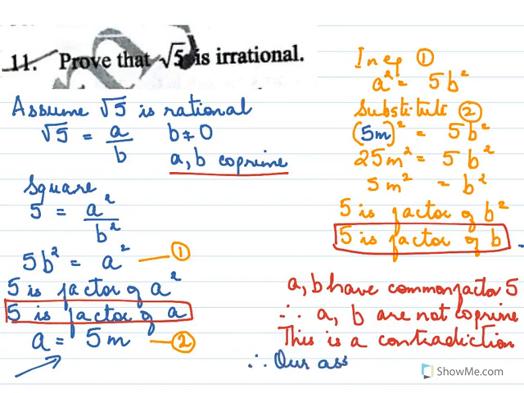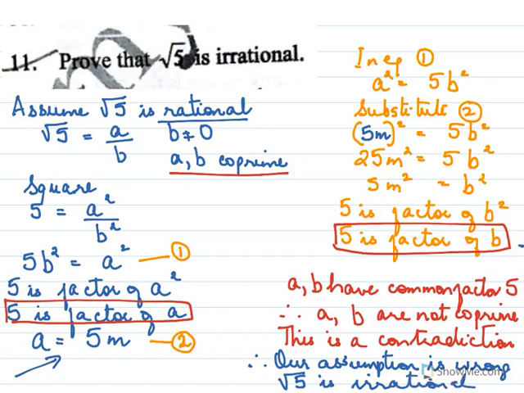Therefore our assumption is wrong. What was the assumption? That under root 5 is rational. So under root 5 is not rational. Under root 5 is irrational. Hence under root 5 is irrational.